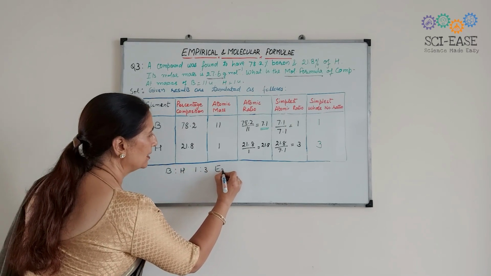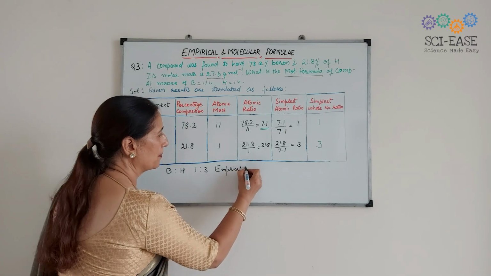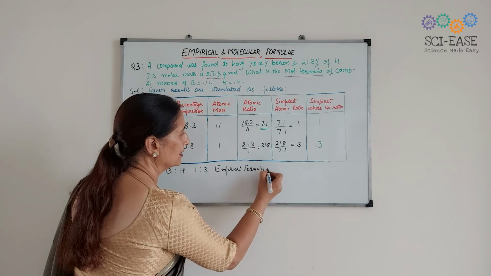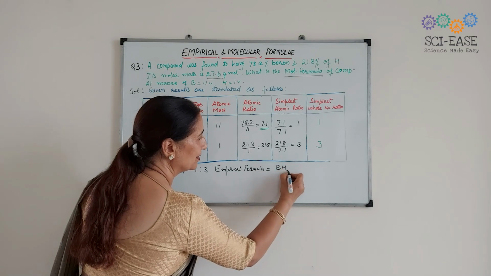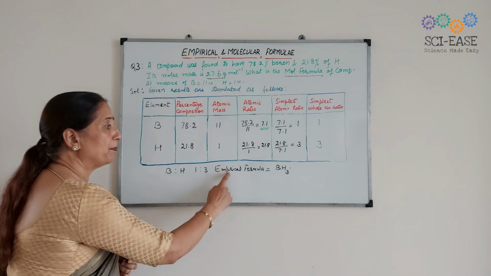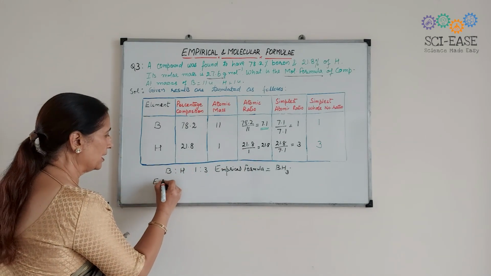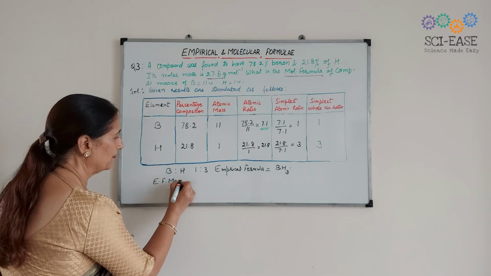So what is the empirical formula of the compound? That is BH3. Now next step is to calculate the empirical formula mass of the compound. Empirical formula mass, that will be calculated.